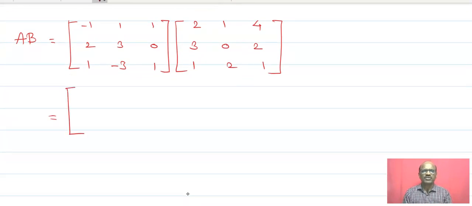Now we'll make their product. First row, first column: minus 1 into 2, 1 into 3, 1 into 1.